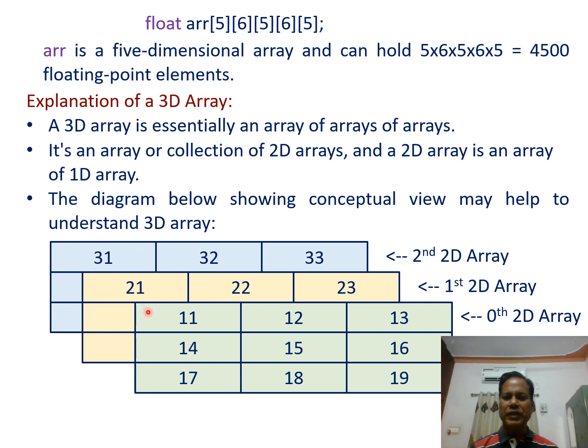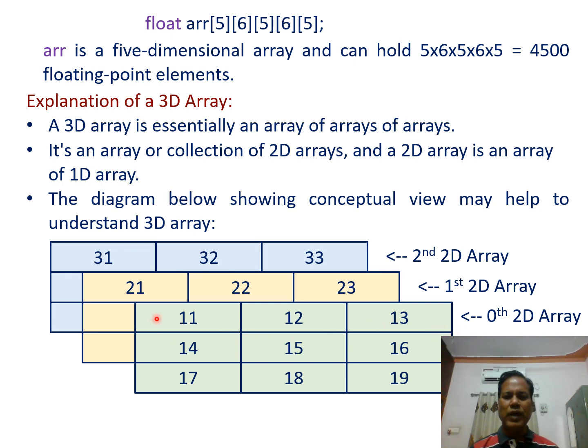So if we see only one row of the 0 2D array, this is the first row, so this is a one-dimensional array. If we consider the second row, this is another one-dimensional array. The third row is a third one-dimensional array. So three one-dimensional arrays together form a two-dimensional array.